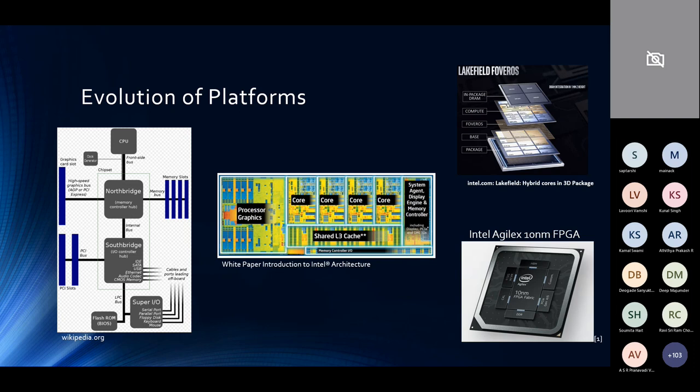And what you see nowadays, more recently, you'll hear all these terms a lot nowadays, like 2.5D, 3D stack, and all that, and they are becoming more and more streamlined. What you see on the right bottom is an Intel Agilex 10 nanometer FPGA platform.